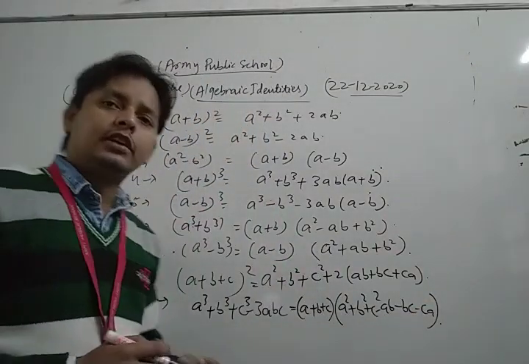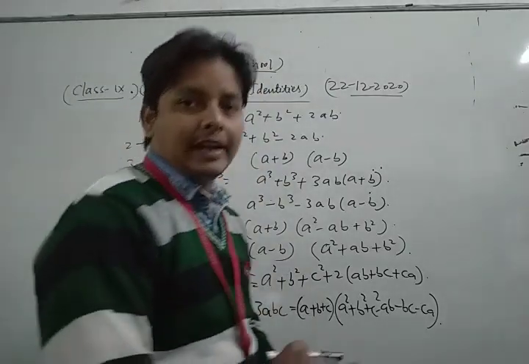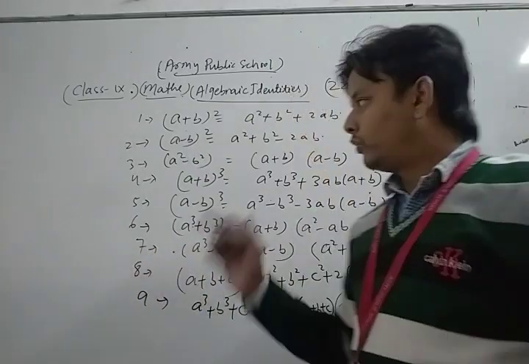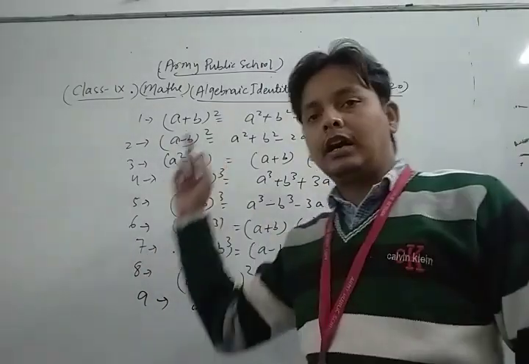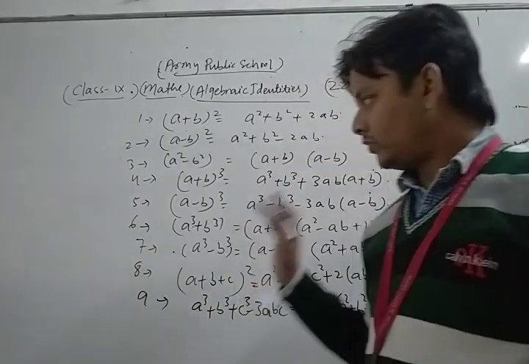Thus, dear students, in this way we have written the 9 algebraic identities which are very important for you. First of all, you learn all those algebraic identities very carefully.